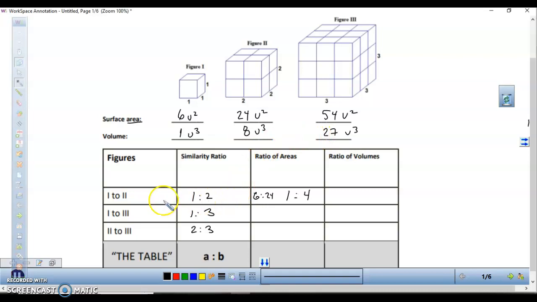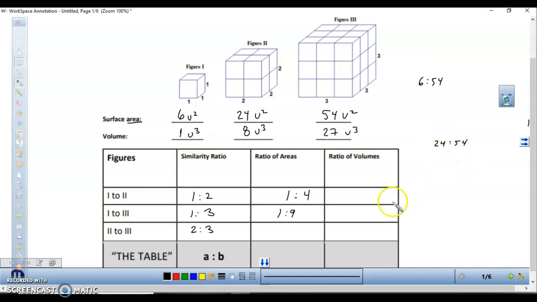And from figure 1 to 3, this is 6 to 54, and if you divide them both by 6 it simplifies to 1 to 9. And then finally, from figure 2 to figure 3, this is 24 to 54.